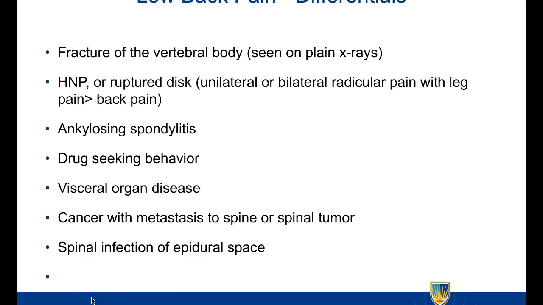Differential diagnosis. Low back pain is a diagnosis of exclusion based on history and compatible physical examination.